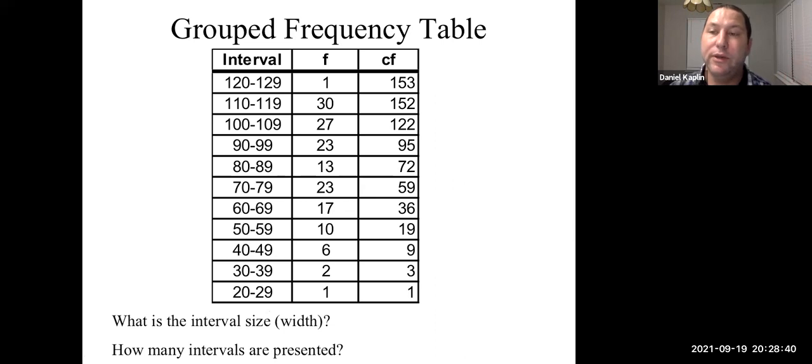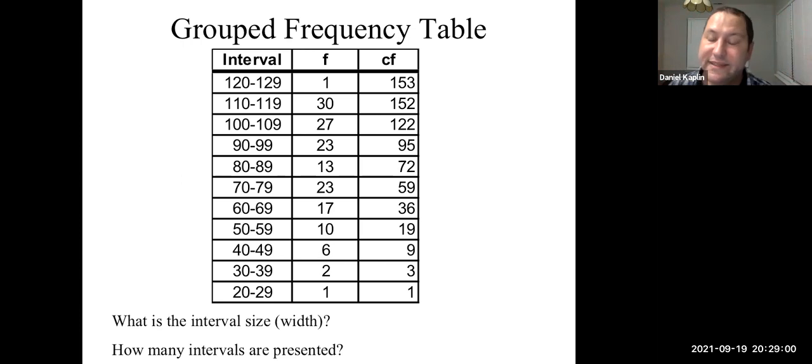Now I'm going to show you this, right? I said the smallest number counts as one of the numbers in that range of scores. 120, 121, 122, 123, 124, 125, 126, 127, 128, 129.